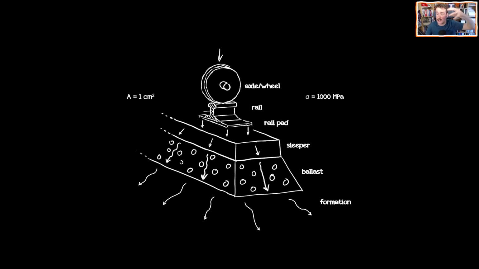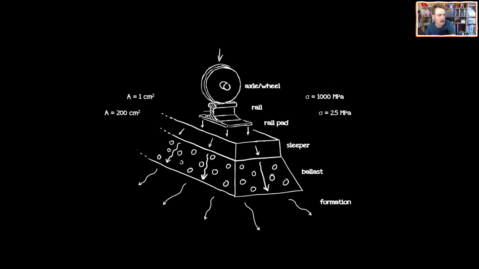A pascal is a Newton per meter squared: force divided by area. Newton is a measure of force, meter squared is area. So 1,000 megapascals, or a gigapascal, is enough to literally liquefy steel, and indeed that happens at the railhead.